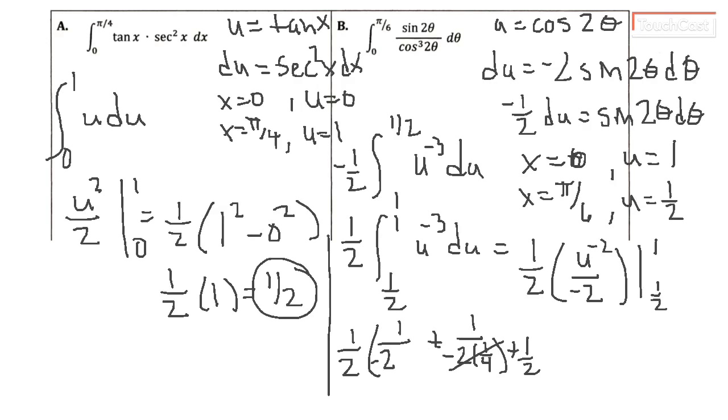When we divide 1 by a half, that's really just 2. So we're going to have a half times a half plus 2.